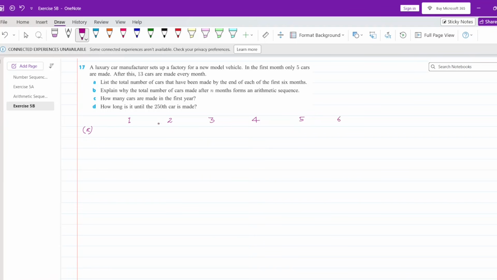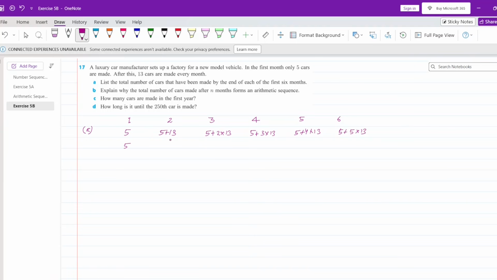So by the end of first month, we have 5 cars made. By the end of second month, we have 5 plus 13 cars. By the end of third month, we have 5 plus 2 times 13, 5 plus 3 times 13, 5 plus 4 times 13, 5 plus 5 times 13.